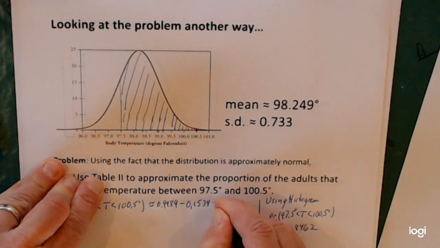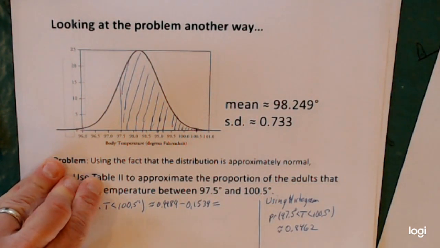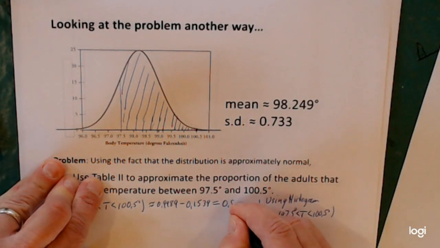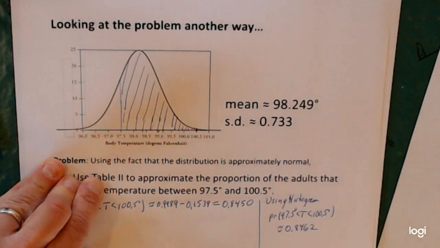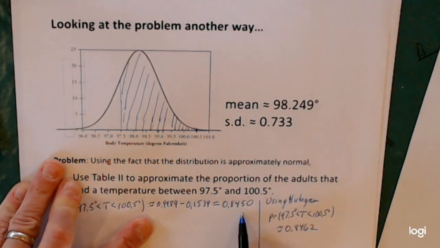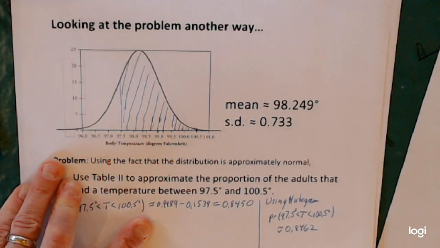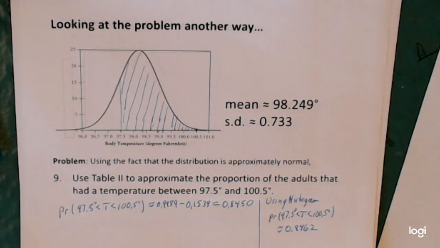I subtract those two values and I get 0.8450. Not perfect, but actually darn close. Okay? So that's how we use Table 2. We'll get lots more practice on using Table 2 in the next activity, and we'll also talk about using an online applet that will help us with it as well.